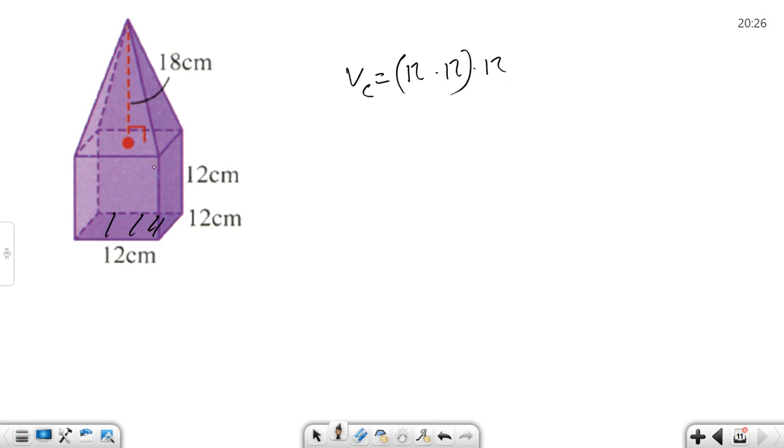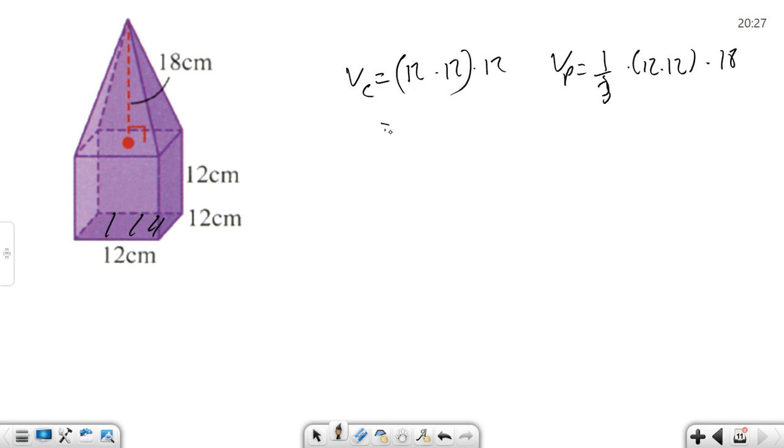To combine the shapes, I need the volume of the cube plus the volume of the pyramid. So what is the volume of the pyramid? That's equal to 1 over 3 multiplied by area of the base, 12 multiplied by 12, and multiplied by 18.